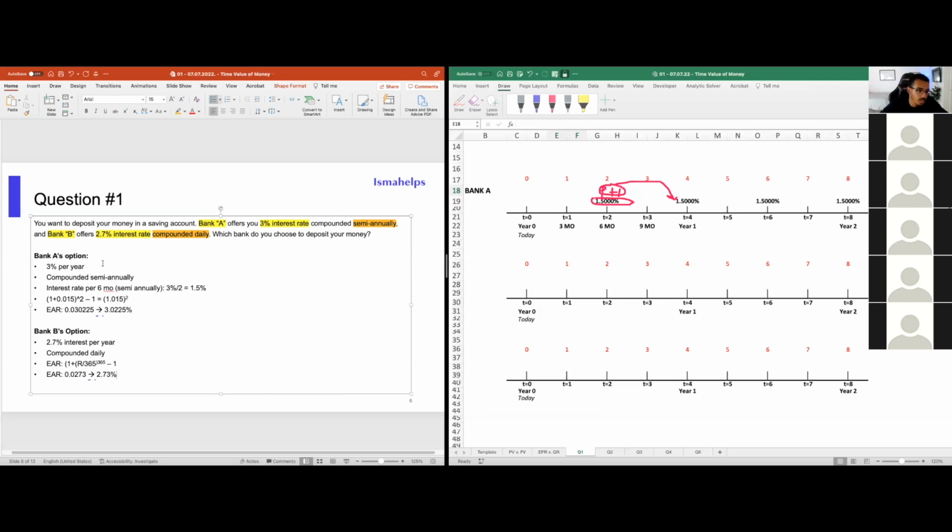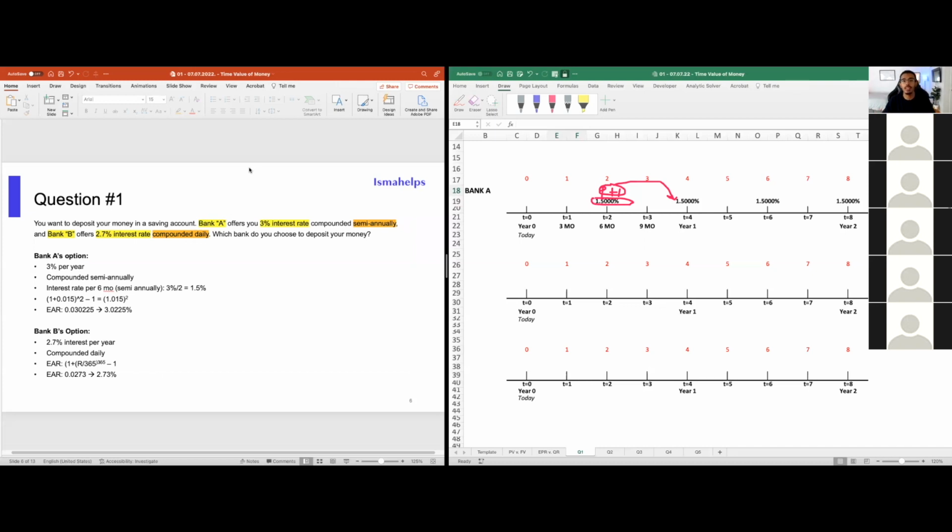Now let me ask you all this. William, what's up? Quick question, Ismail. Let's say that in the question they mention it's the effective rate, so then we don't have to do the calculation, right? Exactly. That's an amazing question, William. If in the question they tell you this is the effective rate, then you already have the rate that includes the compounding.